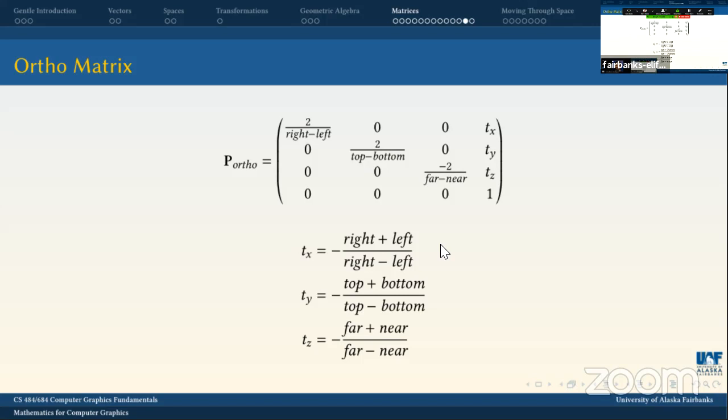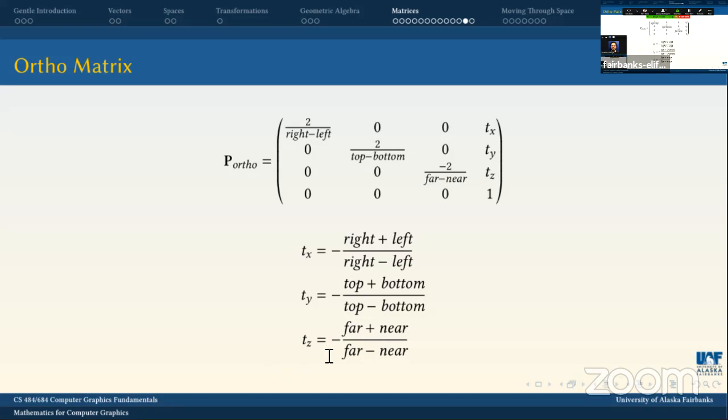We just want to offset the x coordinates by -1. And then Ty is almost the same thing, right? 1080 plus 0 over 1080 minus 0. So that's just going to be -1 as well.